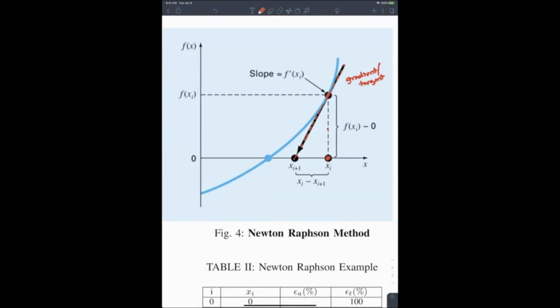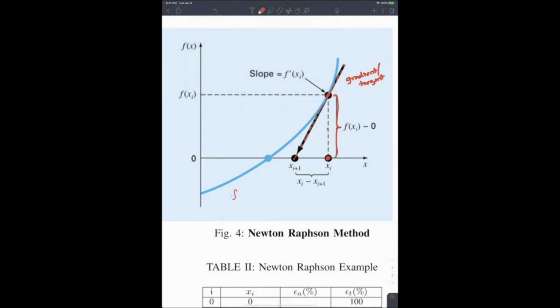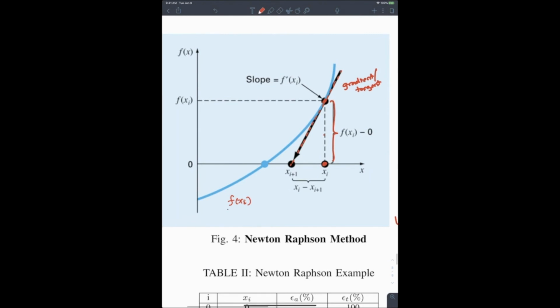So what is this height? That height is f(x_i). So f(x_i) divided by x_i minus x_{i+1} is the tangent at that point, so that is f prime(x_i).